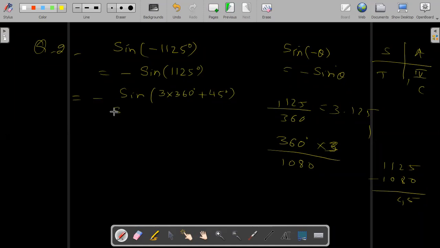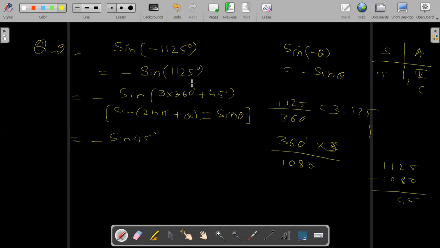Now here you can use the formula sine of 2n pi plus theta. 2n pi plus theta means first quadrant, 360 plus theta, all positive, sine theta. Are you getting it? So then it will become sine 45 degree. Just think over it. Do not ask silly questions.